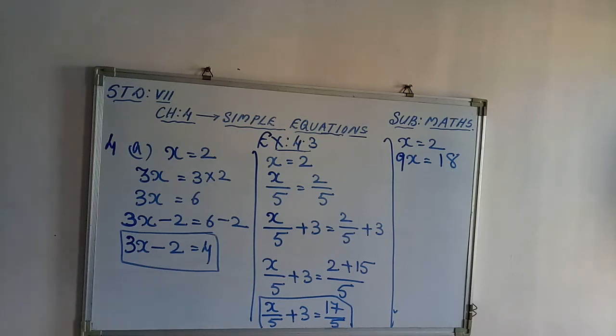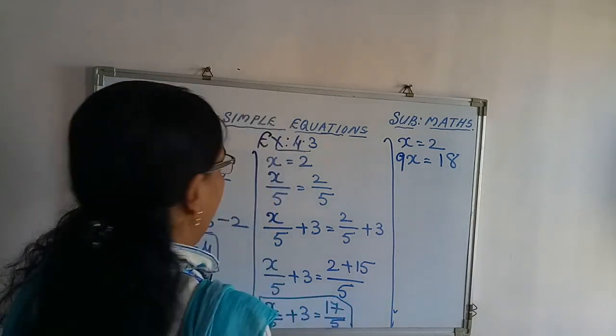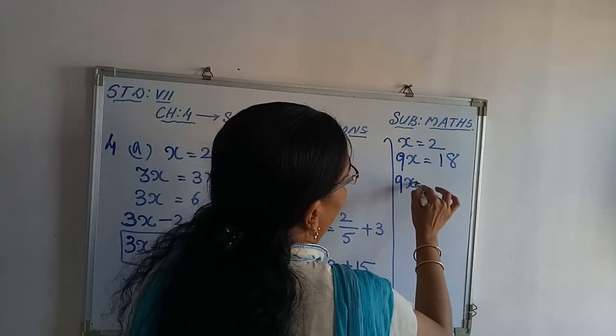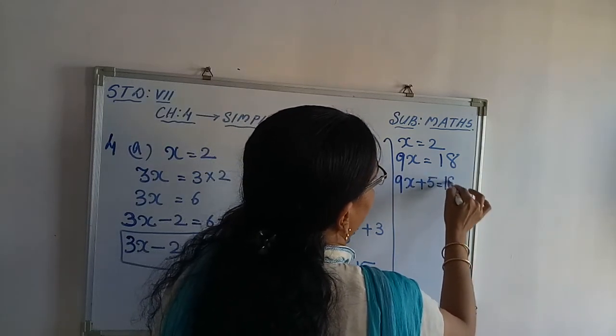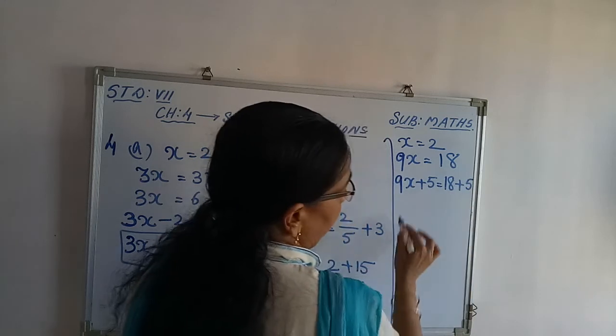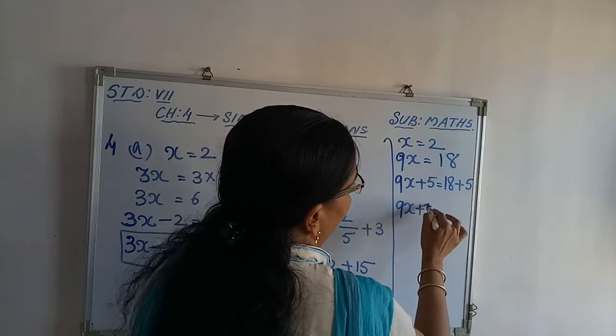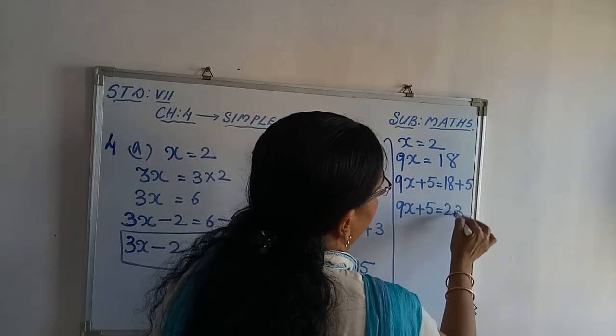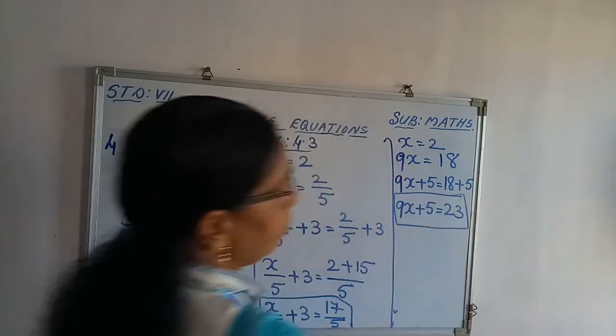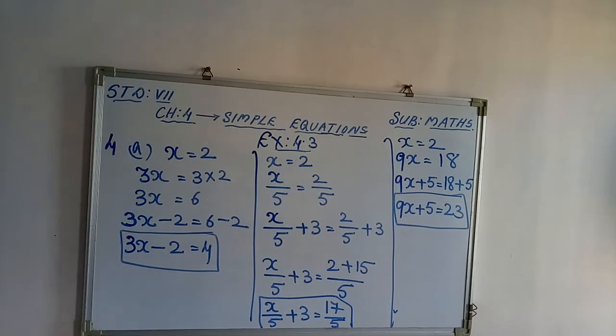Then add 5 to both the sides. 9x plus 5 is equal to 18 plus 5. That is 9x plus 5 is equal to 23. See, this is another equation. So this is how you can frame the equations if the value of the variable is given.